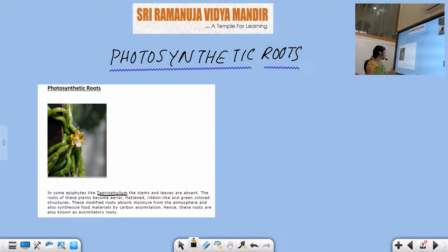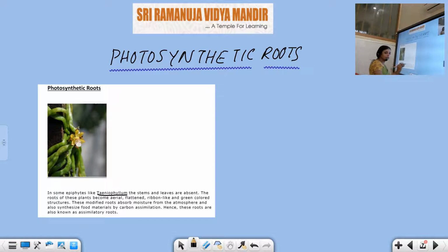So I am once again explaining this part. What is a photosynthetic root? That means the roots have to synthesize food. Remember one thing, this is not the function of root. But here roots are going to synthesize food material, because in Taeniophyllum stem and leaves are absent.